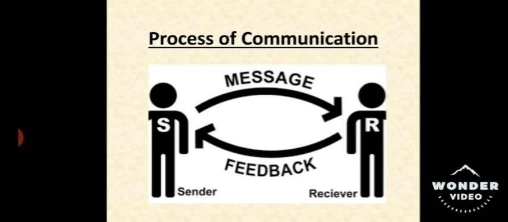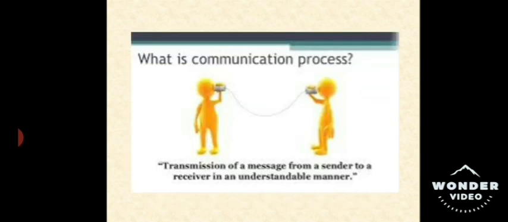Now we can identify the elements of the communication process. Before that, communication process is transmission of a message from a sender to a receiver in an understandable manner. Here, this understandable manner is important. Understandable manner means the way in which your receiver can understand the message.